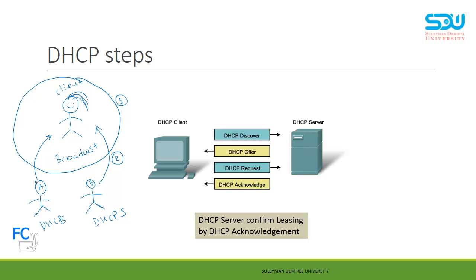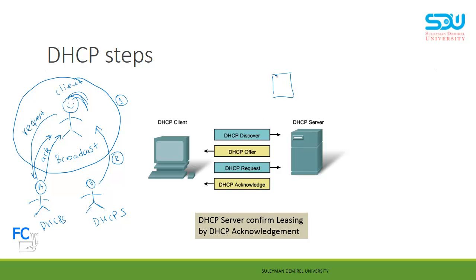If he was first, she makes a request: yes, I want to marry you. And after that he says, alright, this is the acknowledgement, we will marry. The same thing happens in DHCP server communications.